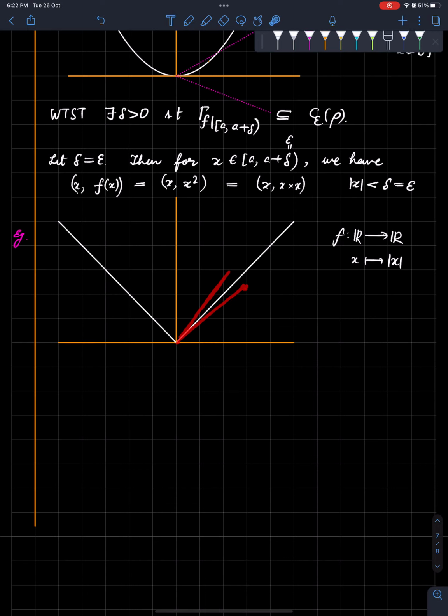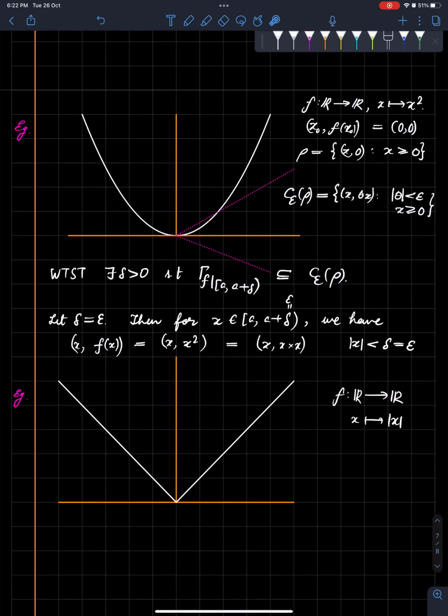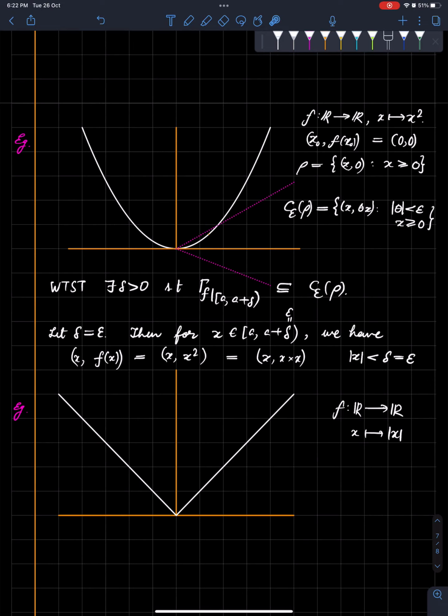If you take delta equals 10,000, that's also fine, because from 0 to 10,000, the graph of the function is contained in this epsilon cone. So arbitrarily large delta works. All right. So make sure that you get this one, even though I did not explain it very well, somewhat unneatly. But it's very simple. You just make an epsilon cone and just note that delta equals epsilon itself works.